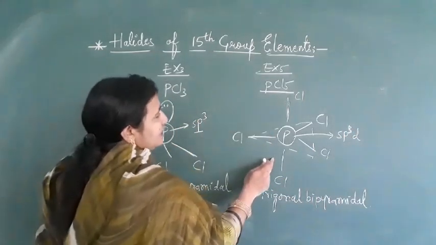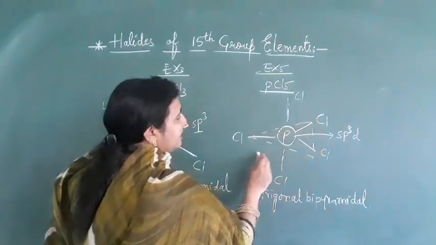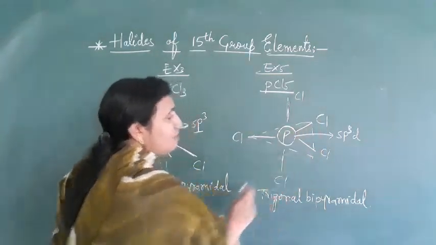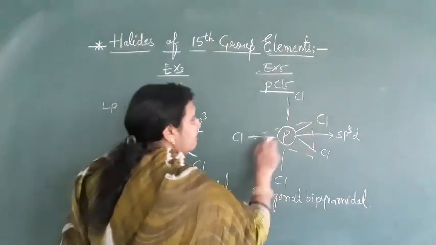In this structure, the 3 chlorine atoms are in the same plane; these are called equatorial bonds.